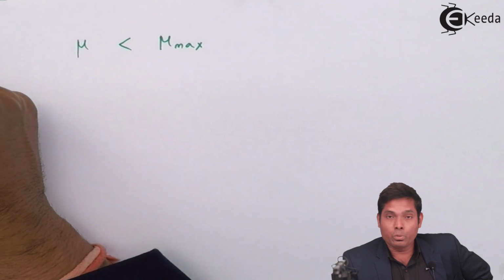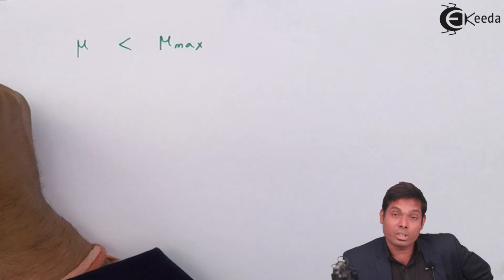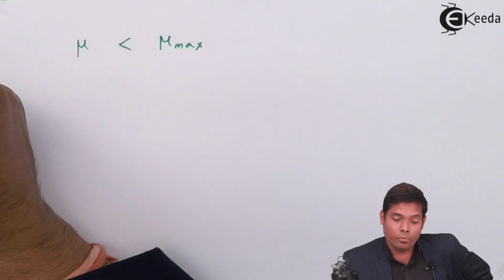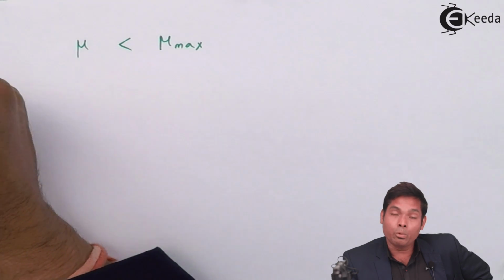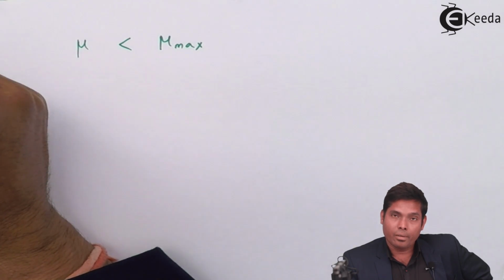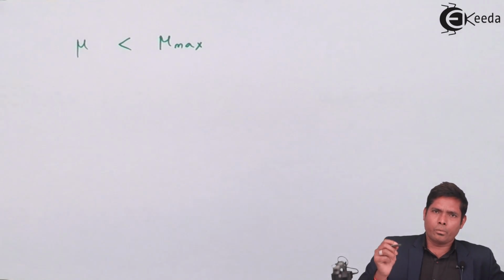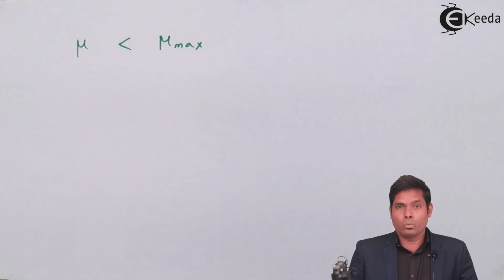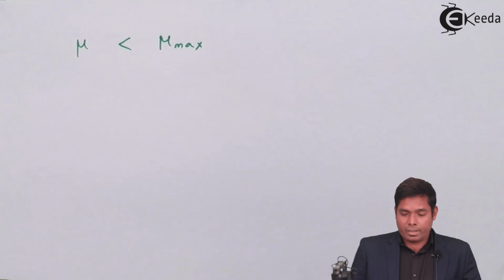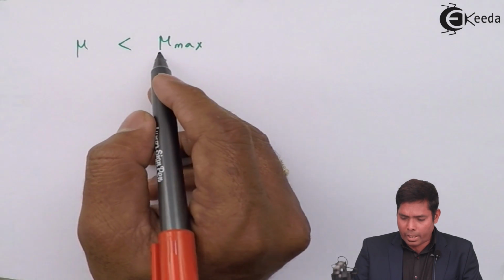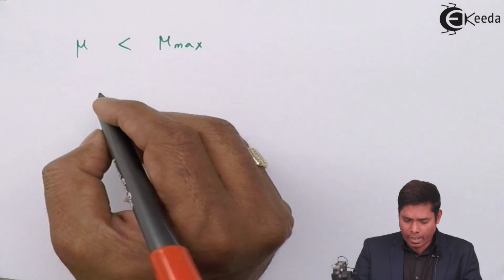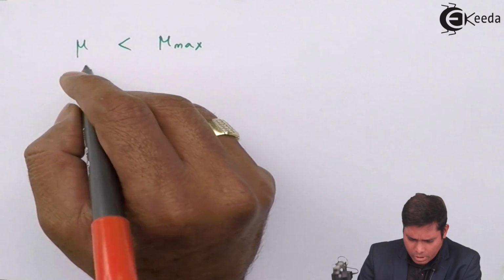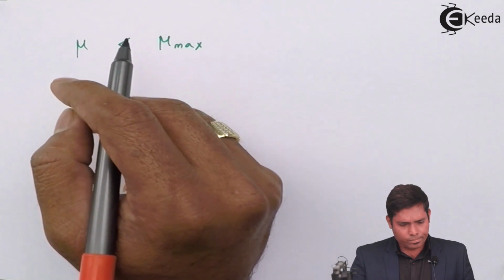So for the minimum value, mu will be less, because this is the formula which can give you the value of mu. We cannot get the value of mu by putting 40 there, because that is not the minimum value of delta. So when delta minimum is put in the equation, that will give me mu, that is, the refractive index.